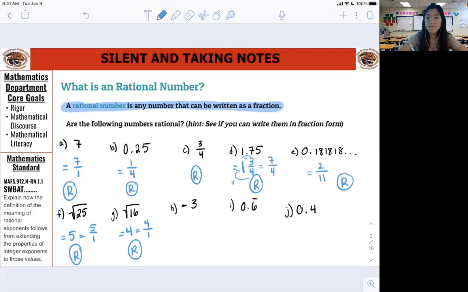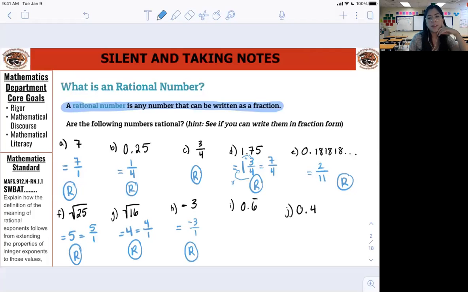That's -3 over 1, -3/1. That is rational. There's nothing against negative numbers here. It doesn't say anything against negatives, so we're good.